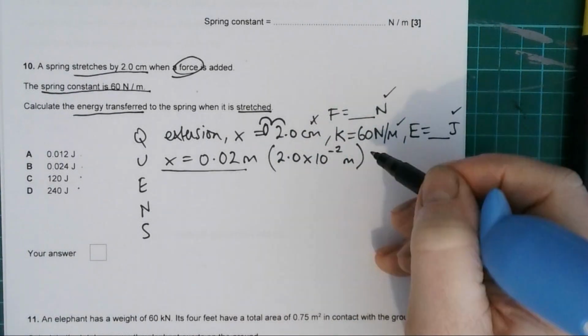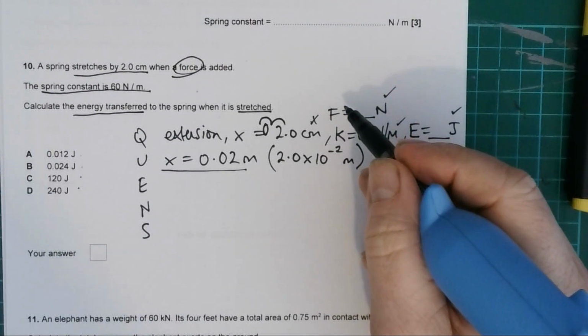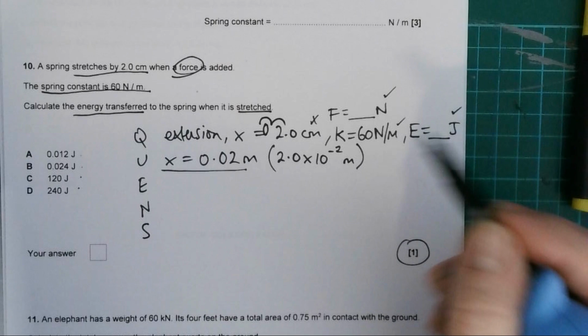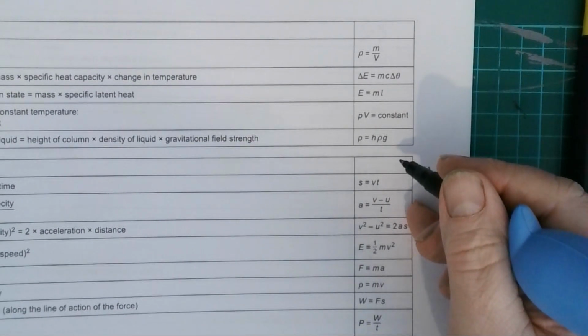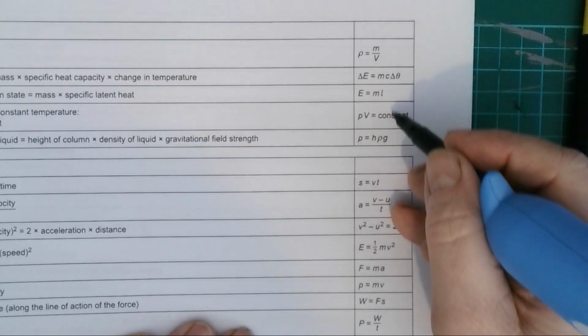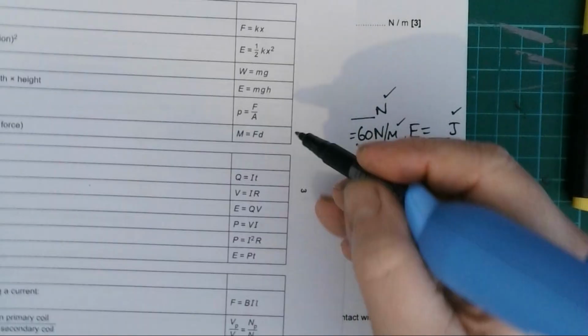I've got X, I've got K, I've got E. I'm thinking the F is potentially not needed, but we'll see. Let's have a look at the old equation sheet. What can I find? I'm looking for K, the letter that doesn't fit a lot of these.